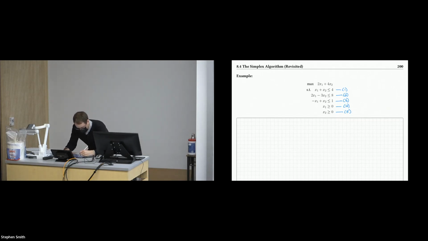So the origin, x1, x2 equals 0, 0, is a feasible point.